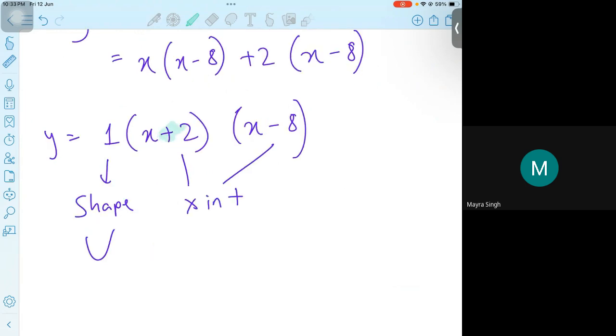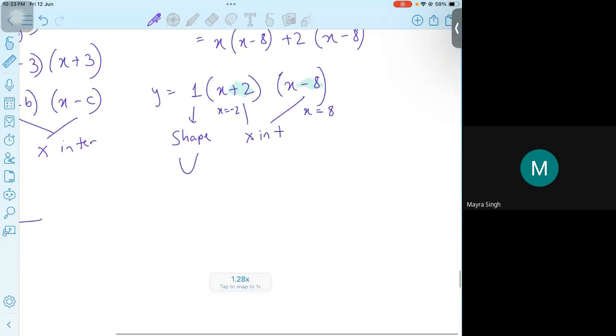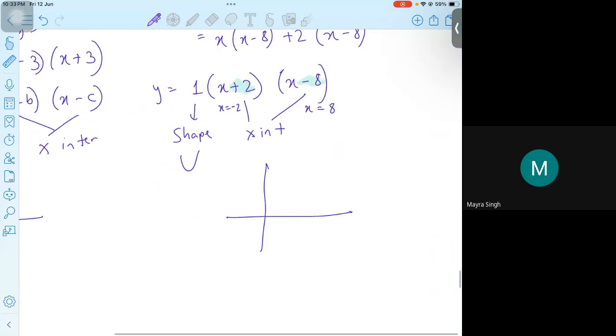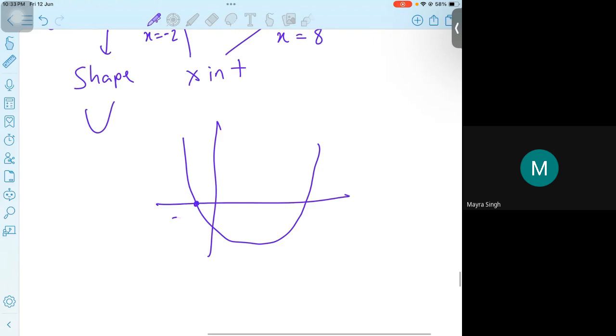From these examples, the x-intercept from this is x is equal to -2, and from this part is x is equal to 8. So our curve looks something like this, where this value is -2, and this value is +8.